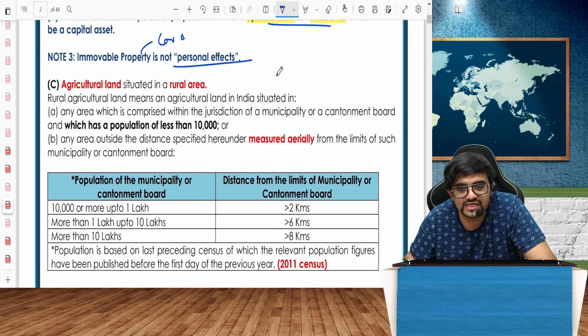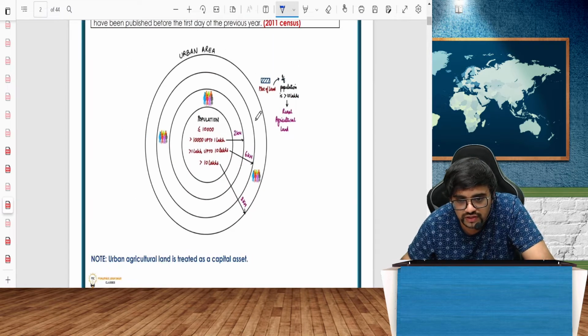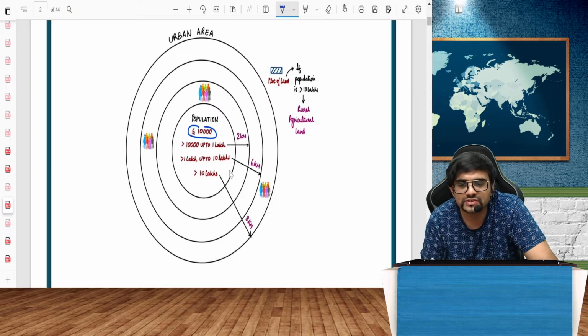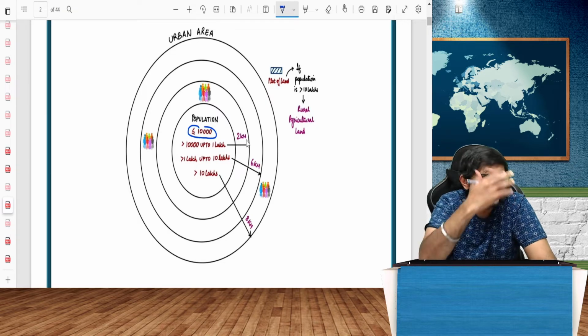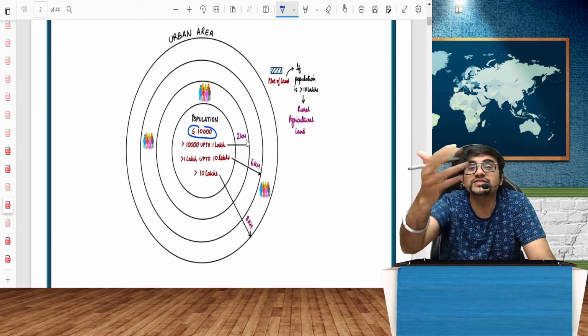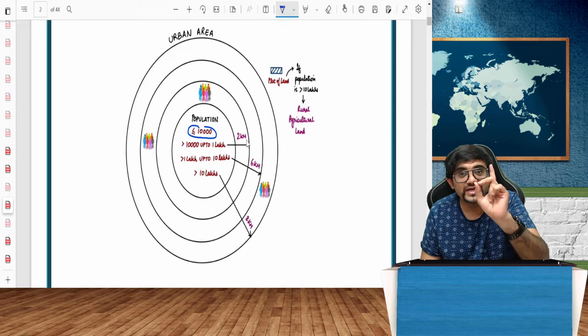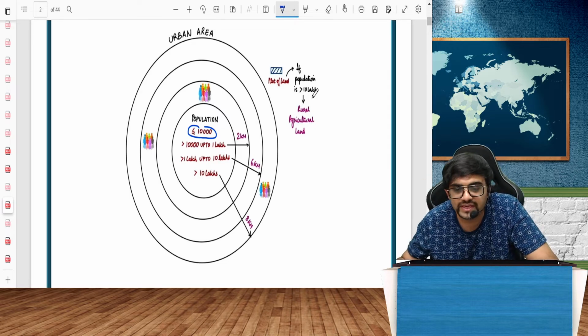Next. Agricultural land situated in a rural area. Now, what do you mean by urban area, and what is rural area? If the population is less than or equal to 10,000 people, not rupees, 10,000 people, then is it an urban area or a rural area?